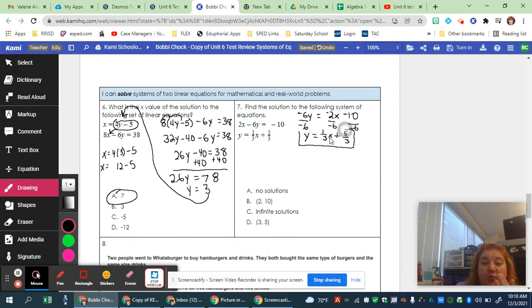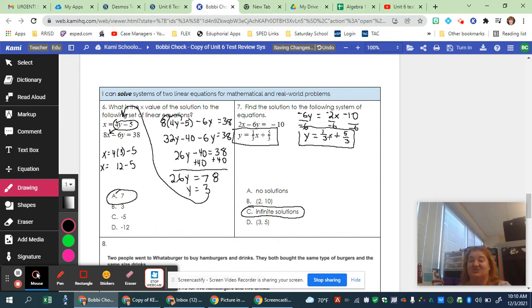By solving for y, I see that these are identical. That means it's going to be infinite solutions. Now, my original plan was just to graph them, but by solving for y, I see that they're both the exact same line, and I know that that's infinite solutions.